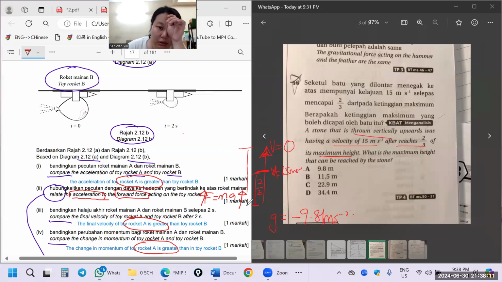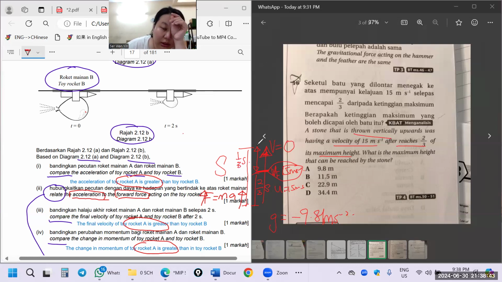So let's say the total height is S. So this one is 2/3 of S. So we can treat this as U. U equals 15, so from U to V is 1/3 of S.